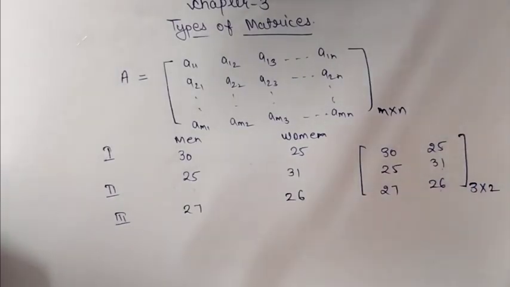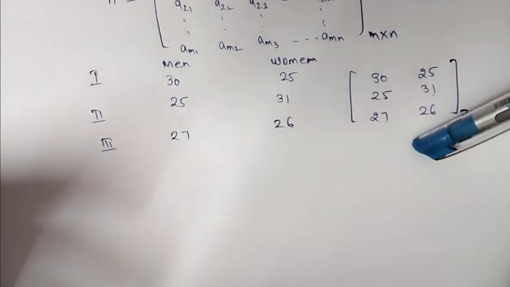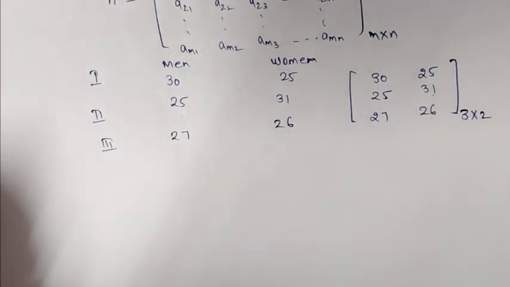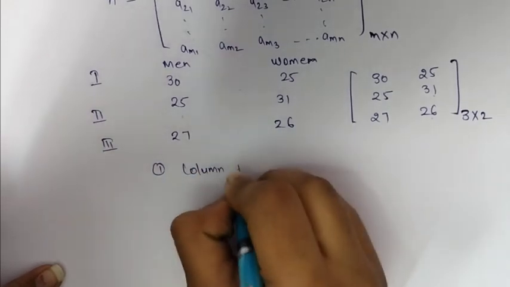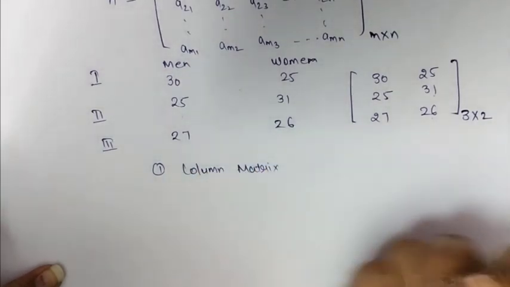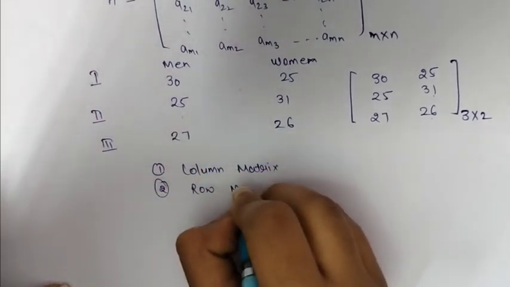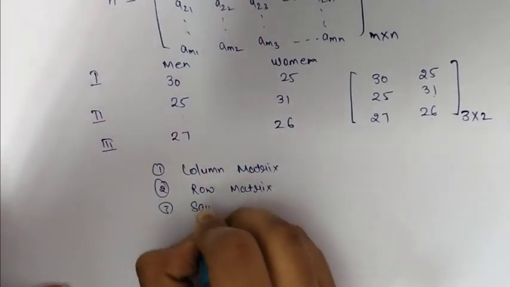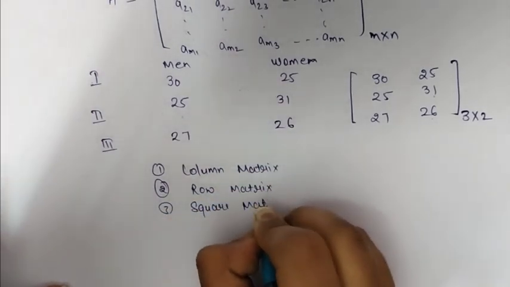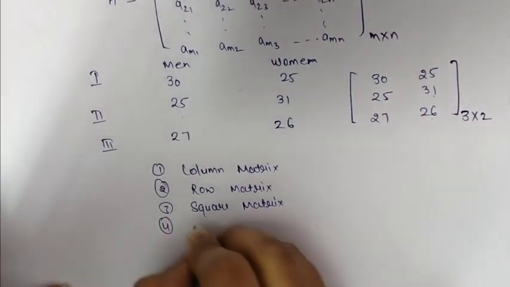So now we come to our main topic, that is the types of matrix. First thing I want to tell you is that there are a total of 7 types of matrix. First is column matrix. Second is the row matrix. Third is the square matrix. Fourth is the diagonal matrix.